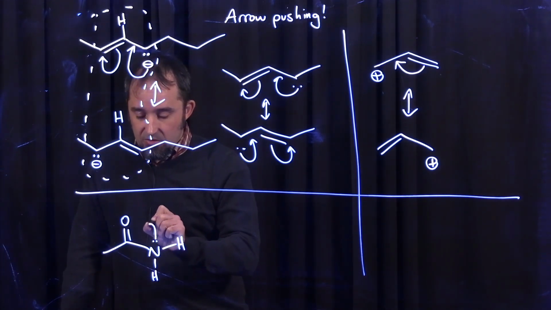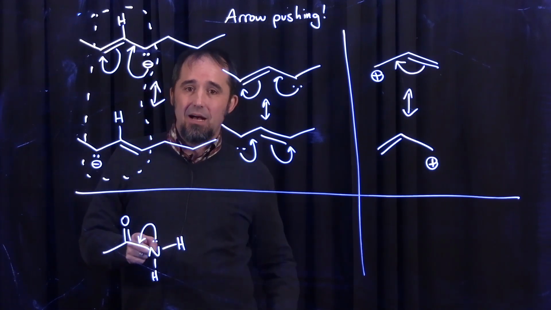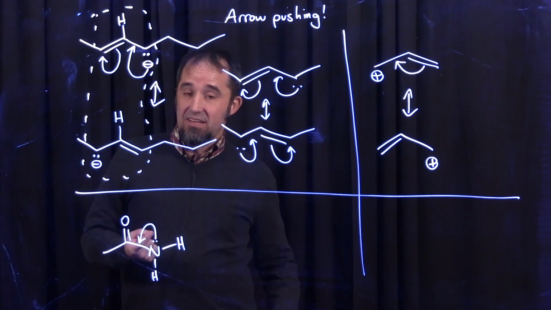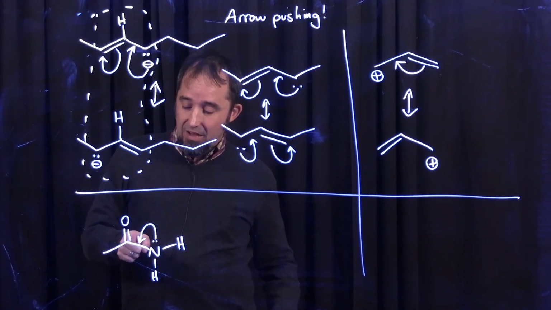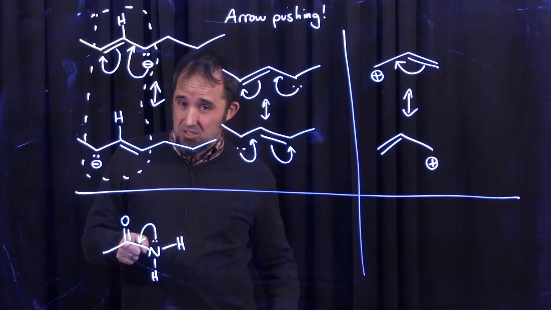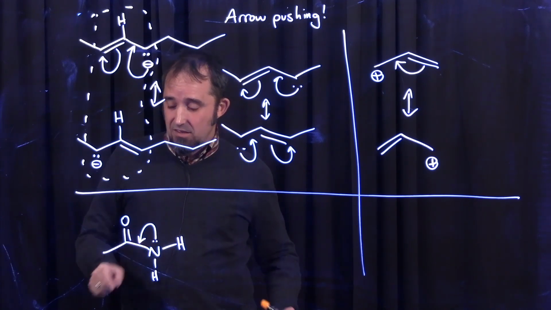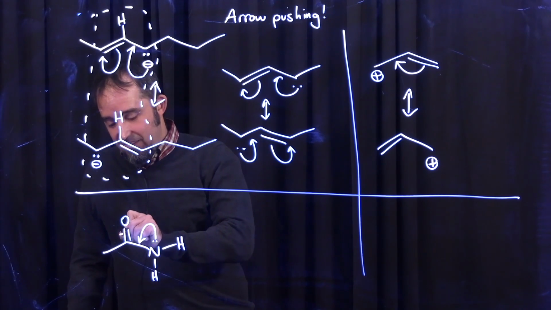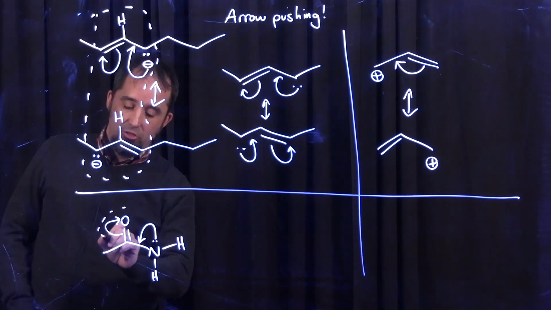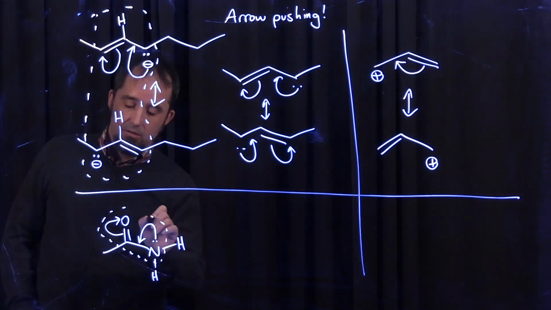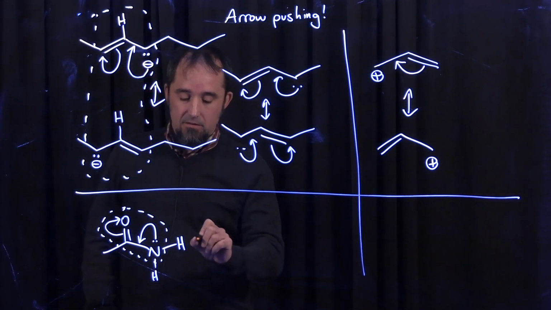So my arrow starts there, goes to the middle of that CN bond. Seems like it wants to make a CN double bond. That would give that carbon a fifth bond. Can't do that. So this pi bond then has to go up onto that oxygen. Again, 3-atom chunk. That's the pattern.